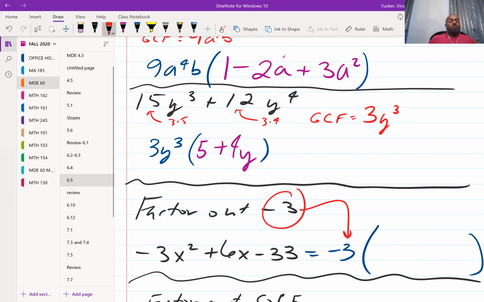All right, this time, and this next one, they give us -3x squared plus 6x minus 33, and they tell us to factor out a -3. So you don't have to guess on what they want you to factor out. They actually tell us, factor out -3.